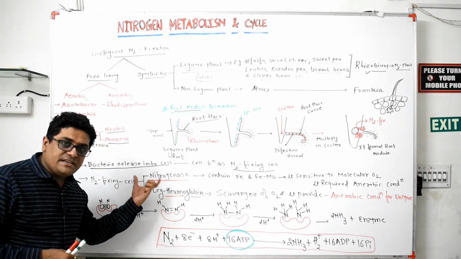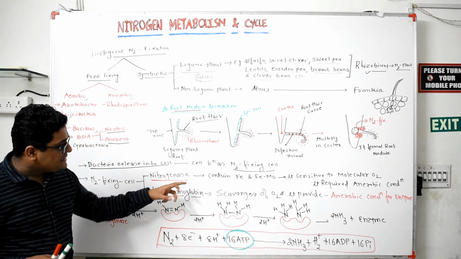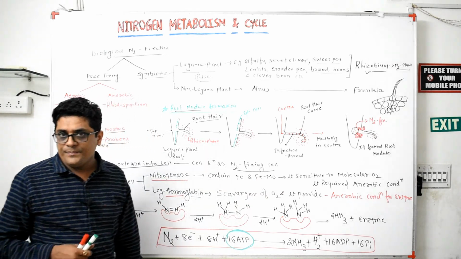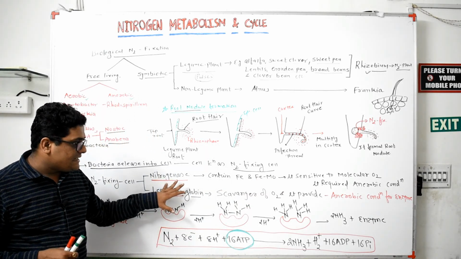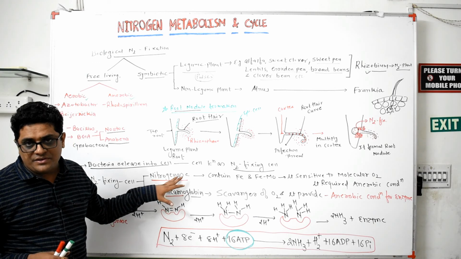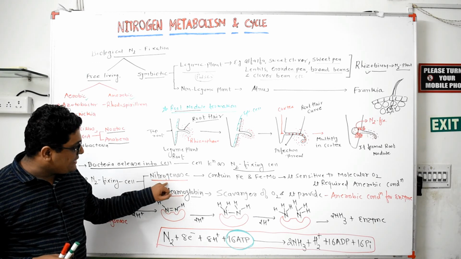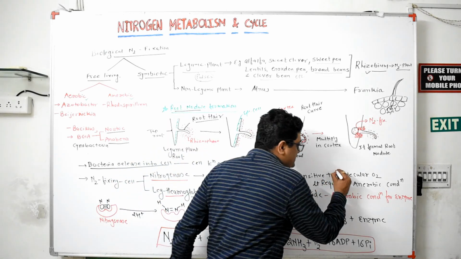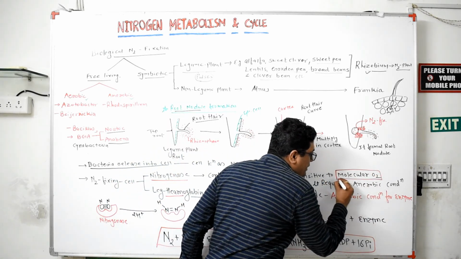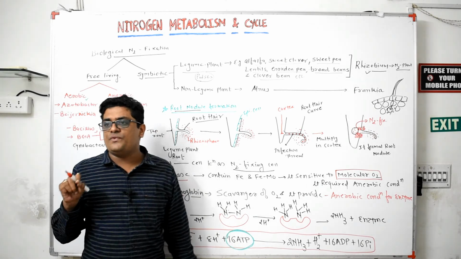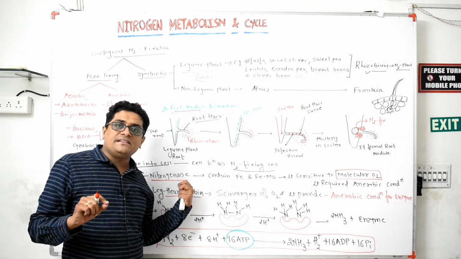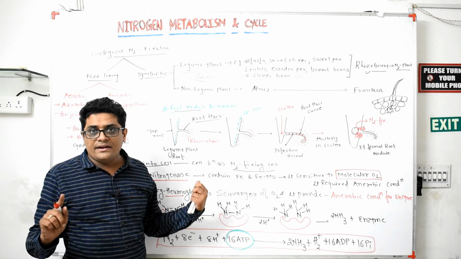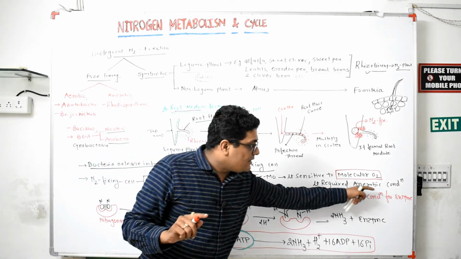Now this nitrogenase enzyme possesses iron and the iron-molybdenum component, and it helps in the fixation of nitrogen. This nitrogenase enzyme is sensitive to molecular O2, which means in the presence of oxygen the nitrogenase enzyme cannot perform its function. It requires anaerobic conditions.